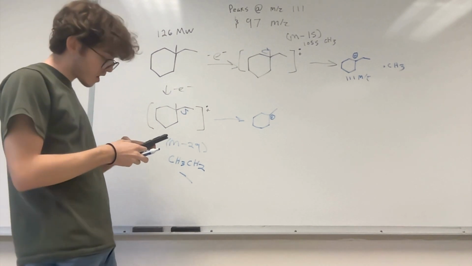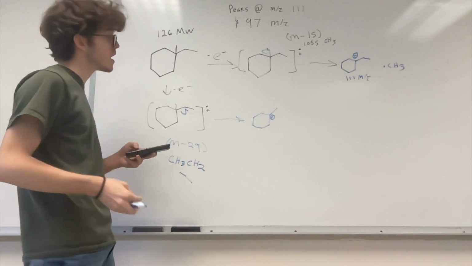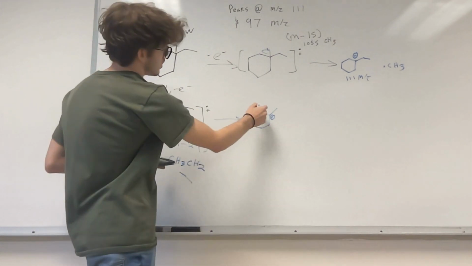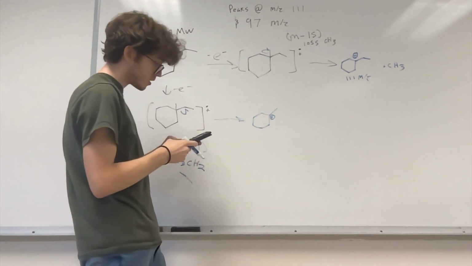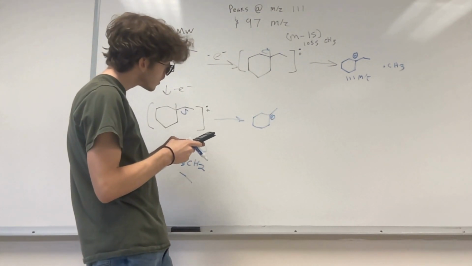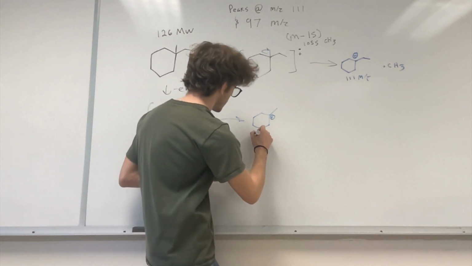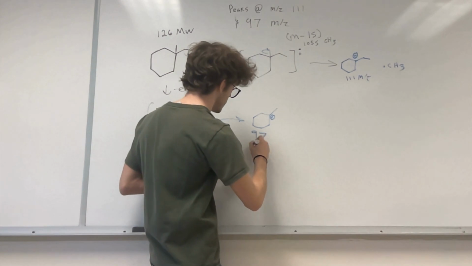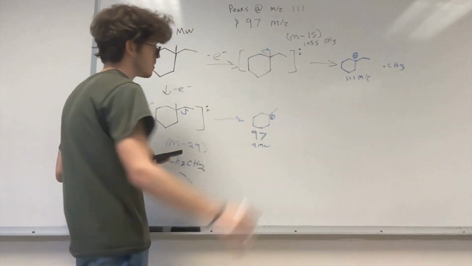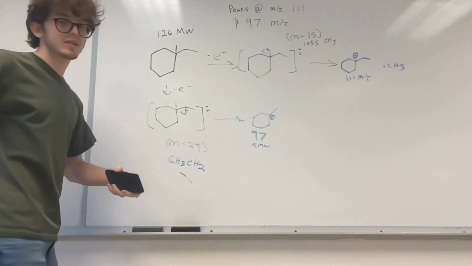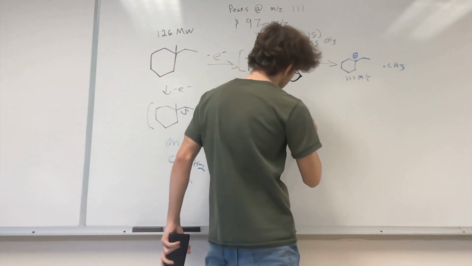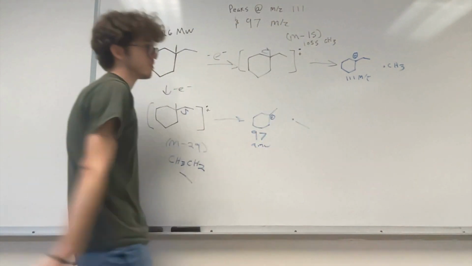So we have 7 carbons, giving us 84 AMUs, and then we add up the hydrogens there, 3 there, and then 2 on each of these carbons in the ring, except for the one with the positive charge. Yep, and that shows up at 97. That's 97 AMUs for this molecule right here, and it is exactly why we see the peak there. I should also say we get a primary radical right there.